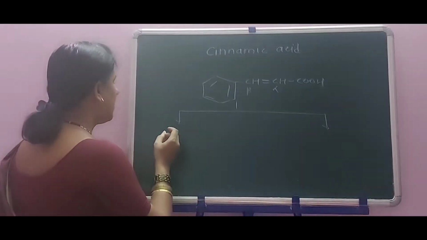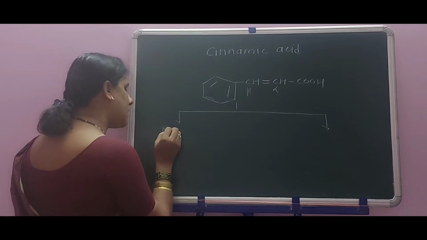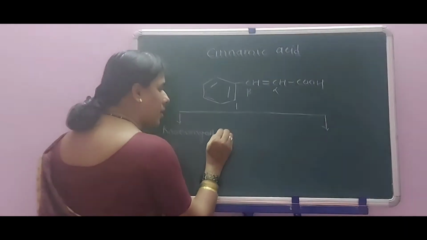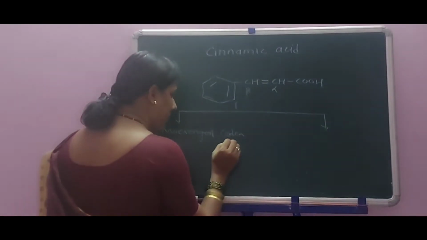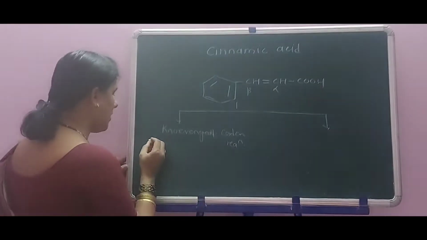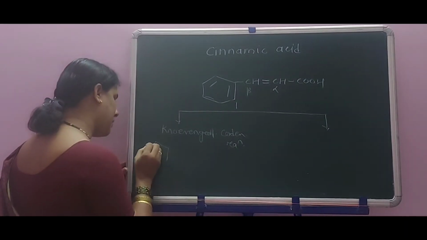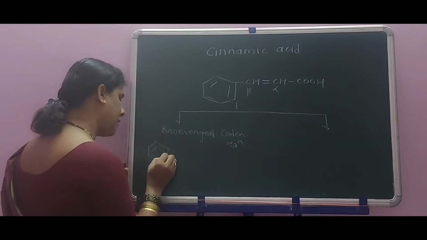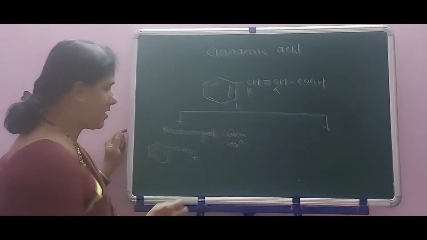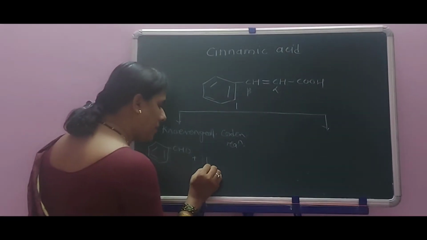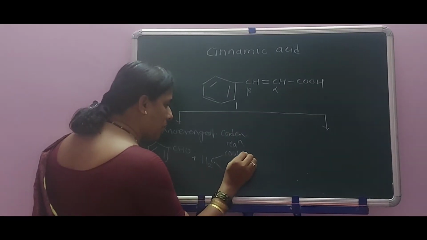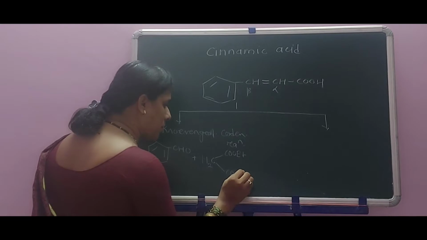The first one is the Knoevenagel condensation reaction. What is this reaction? Here benzaldehyde reacts with malonic ester, having the formula CH2(COOC2H5)2.